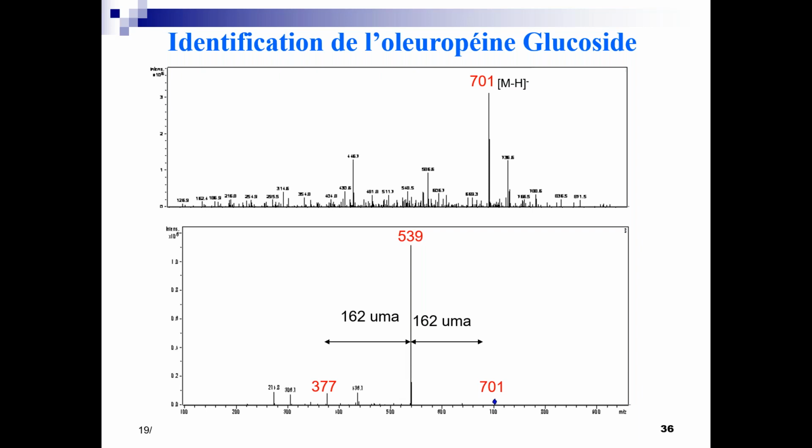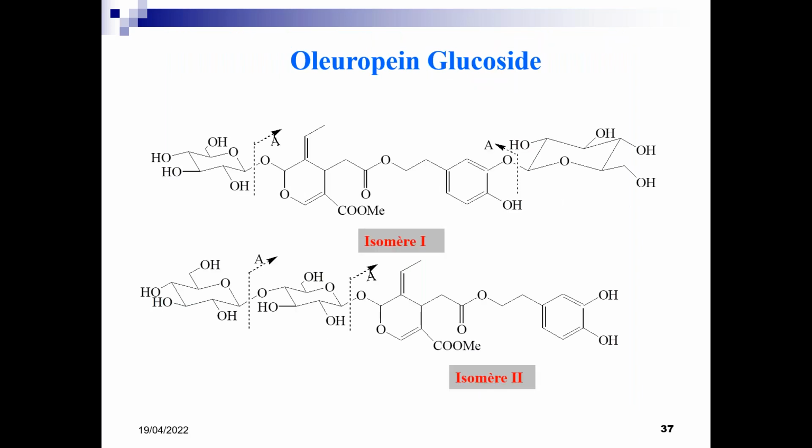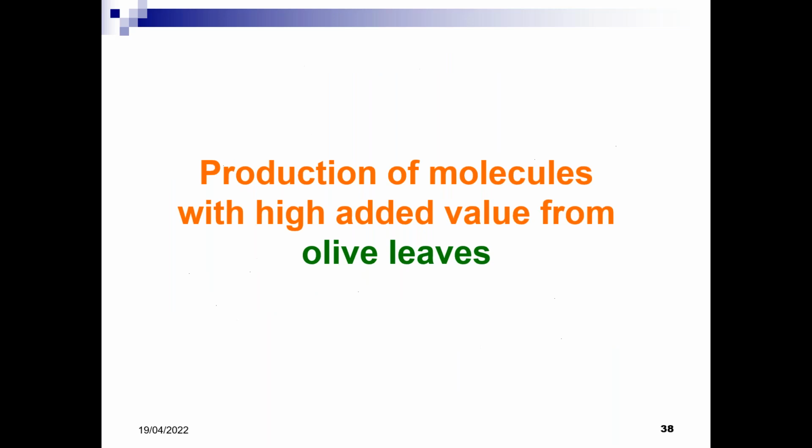The oleuropein is about 539, and when it loses the sugar, it gives 377, which is the aglycon. And here you can see the fragmentation and the possibility of this compound. It means that LCMS is a very useful tool to identify such compounds.